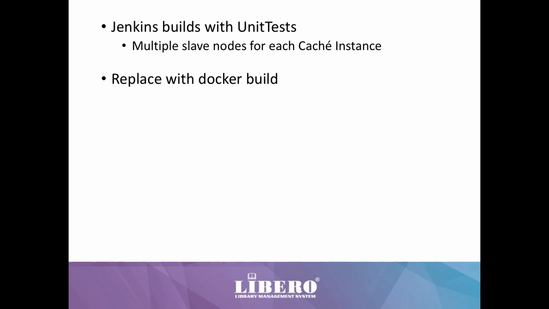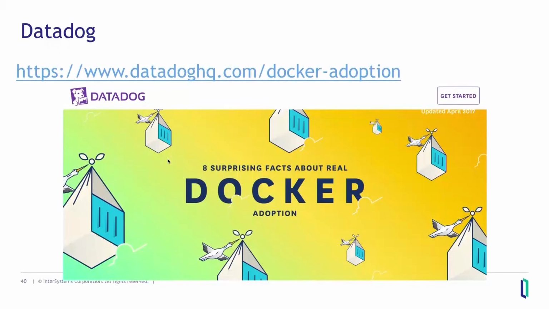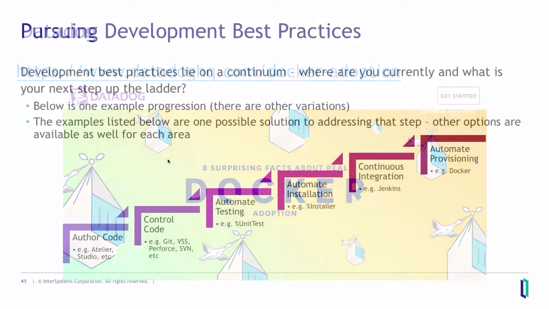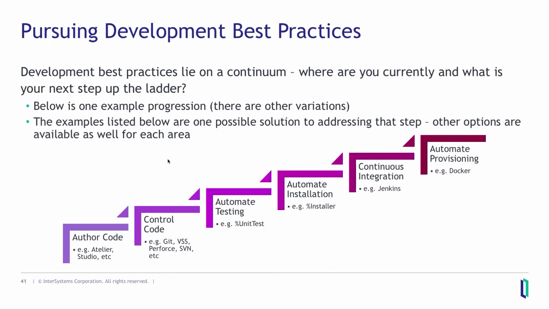So, thank you. You can have a look at the Datadog site, which is collecting lots of information regarding Docker adoption. I strongly encourage you to go there. And again, think about the best practices of the continuous development phase.